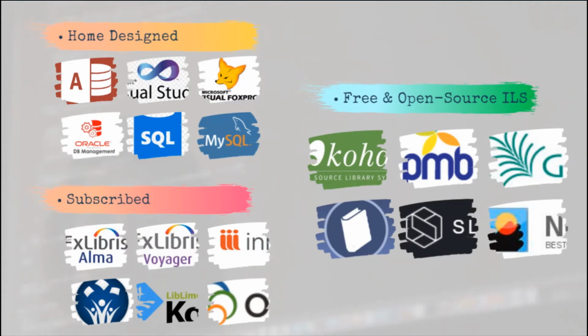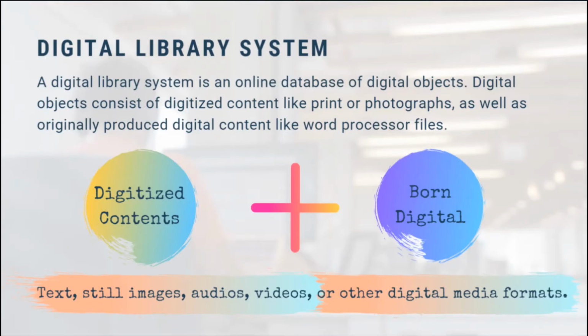After the integrated library system, the digital library system is the main focus of a librarian or an information manager. A digital library system is an online database of digital objects. Digital objects consist of digitized content like print or photographs, as well as originally produced digital content like word processor files.